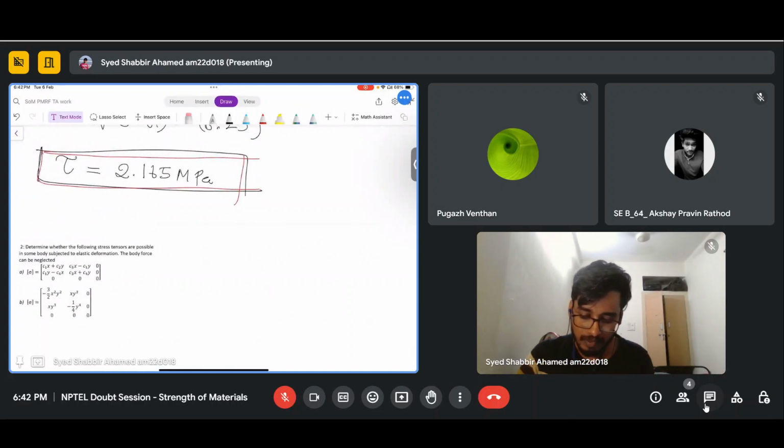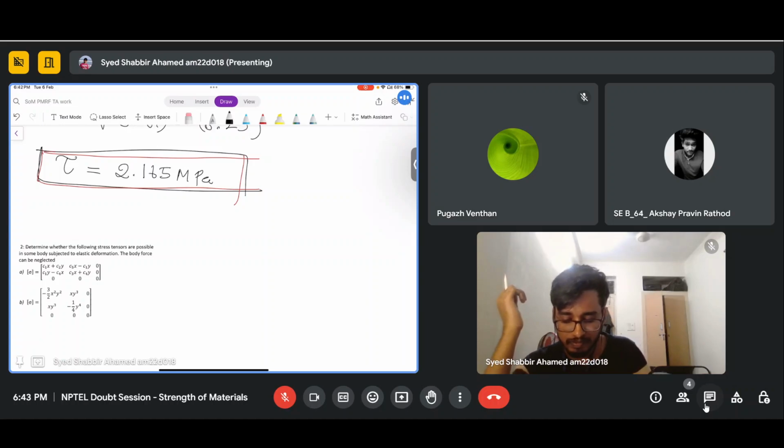In the next problem, I think you have studied equilibrium in the second lecture of the week. We have these two stress tensors, and we have to find out whether these stress tensors follow the equilibrium equations when they are subjected to some elastic deformation. Whenever there is deformation, there is stress.